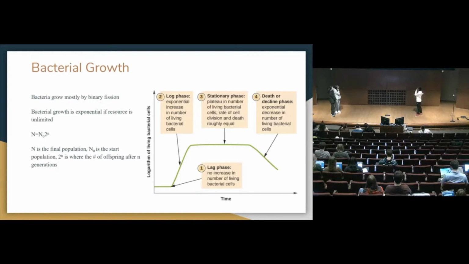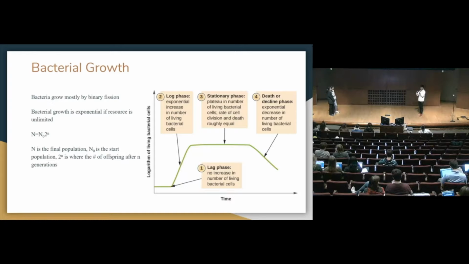The first stage is the lag phase, when you first plant the bacteria onto a plate, they need to accommodate to the environment a little before they can grow and divide. The second stage is the log phase, in which the bacteria grow exponentially as expected. And the third stage is the stationary phase, because as bacteria grow, fewer resources are available for each bacterial cell, so they die.